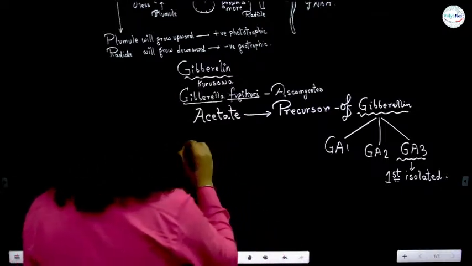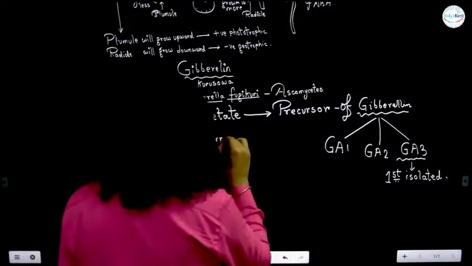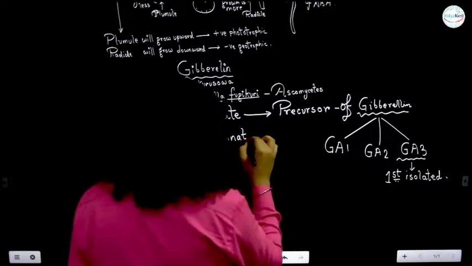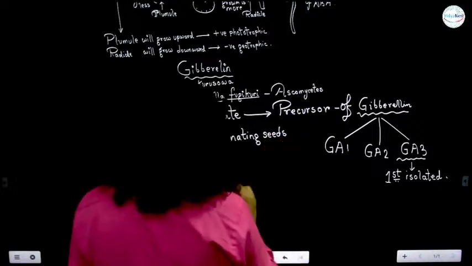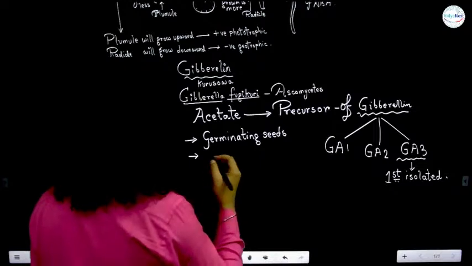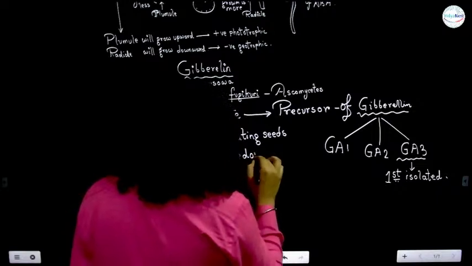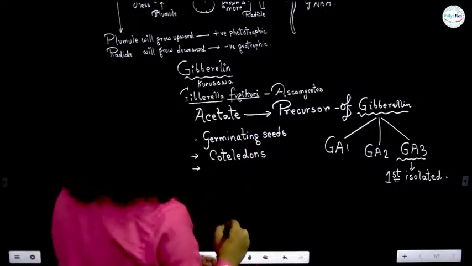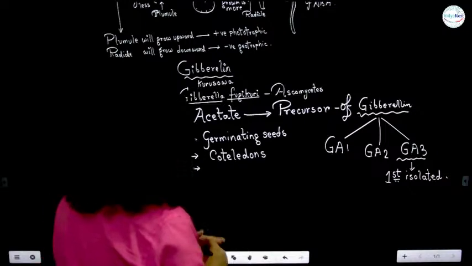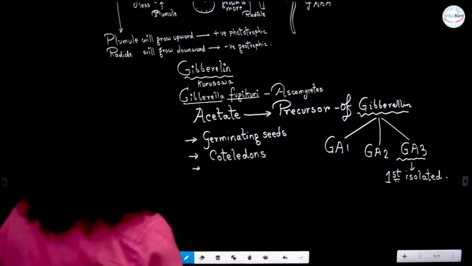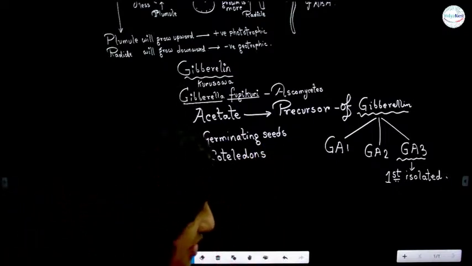It is found to be associated with the germinating seeds, then cotyledons, then the embryonic axis, including the embryo which are present inside the seeds.